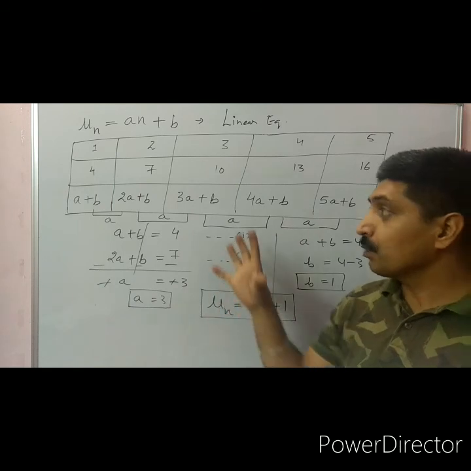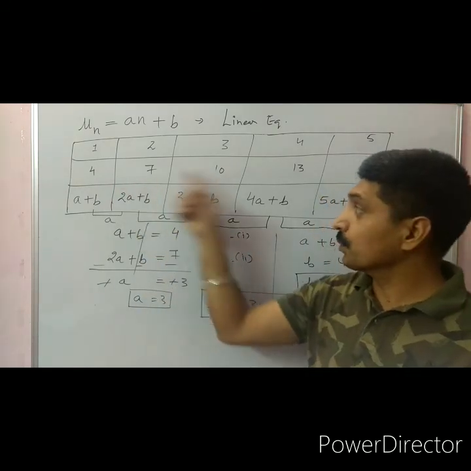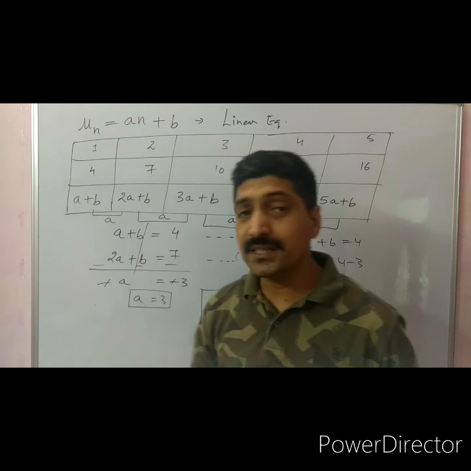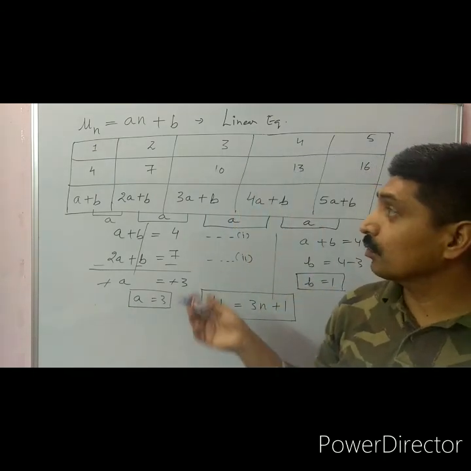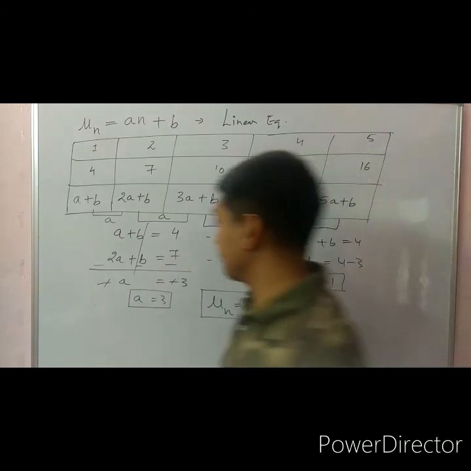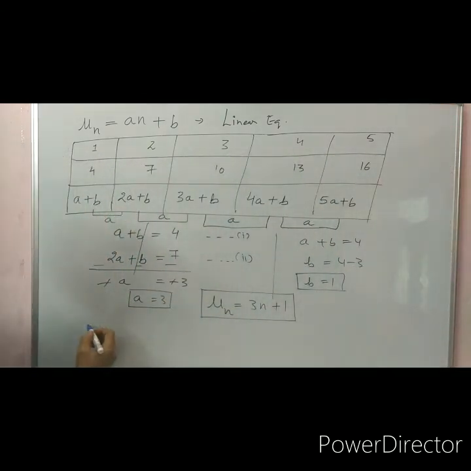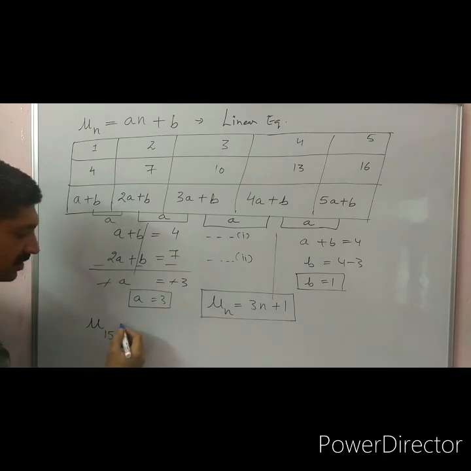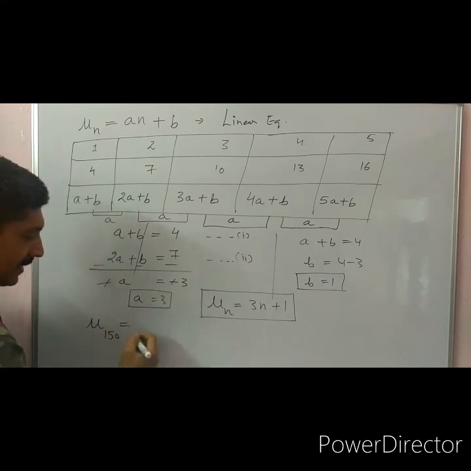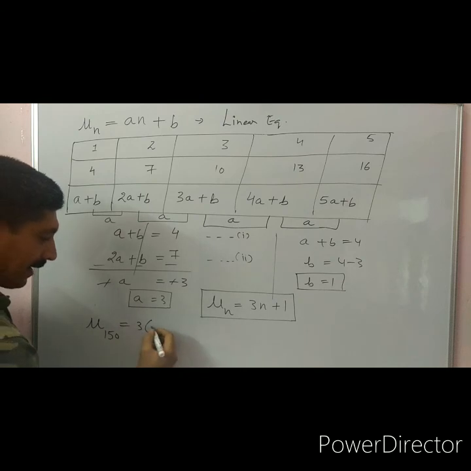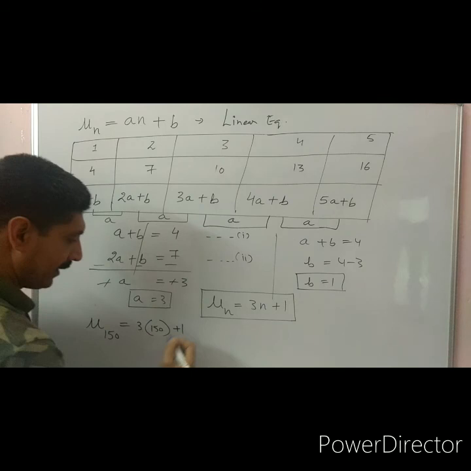Now if the question is, for this sequence, what is the 100th term of this AP or the 150th term of this AP? We can easily find the 150th term of this AP by writing that a is 3, n is 150, and b is 1 here.